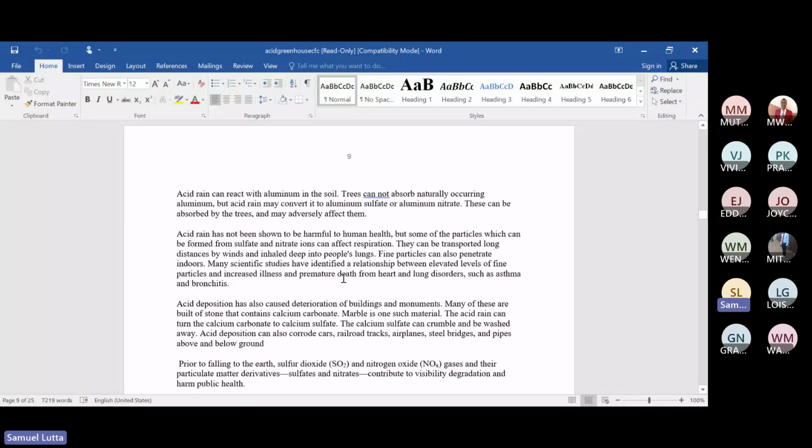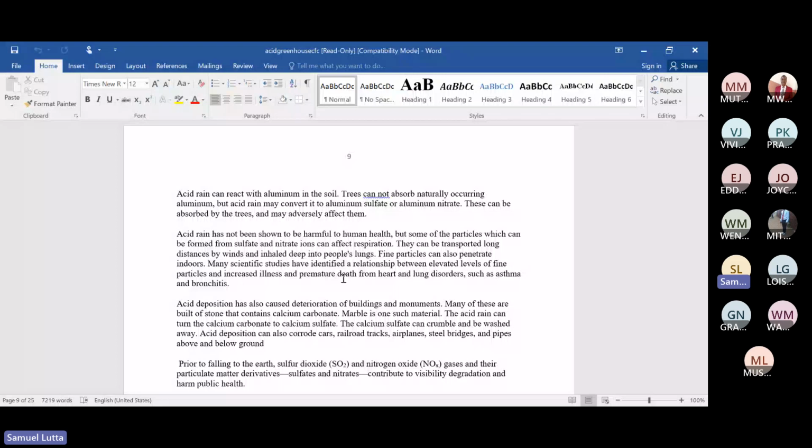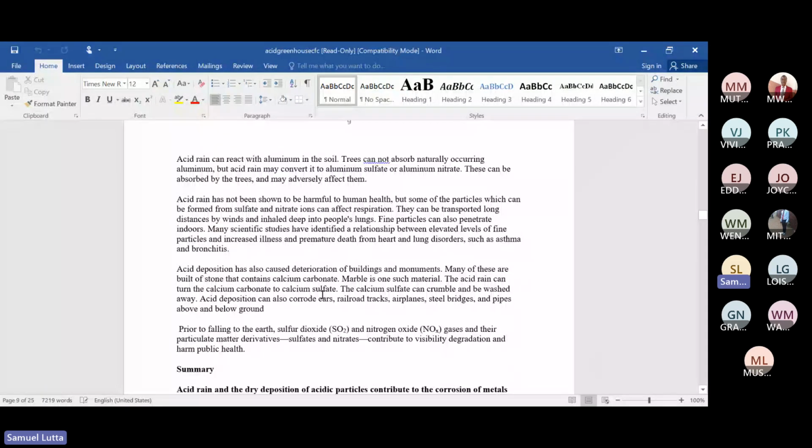Now, for the buildings, we talked about this. When the environment is so acidic, then we are likely to destroy the structures, like the walls, which are made of calcium carbonate, the roads also. If they are made of cement, then most likely they'll be affected by this acid rain.